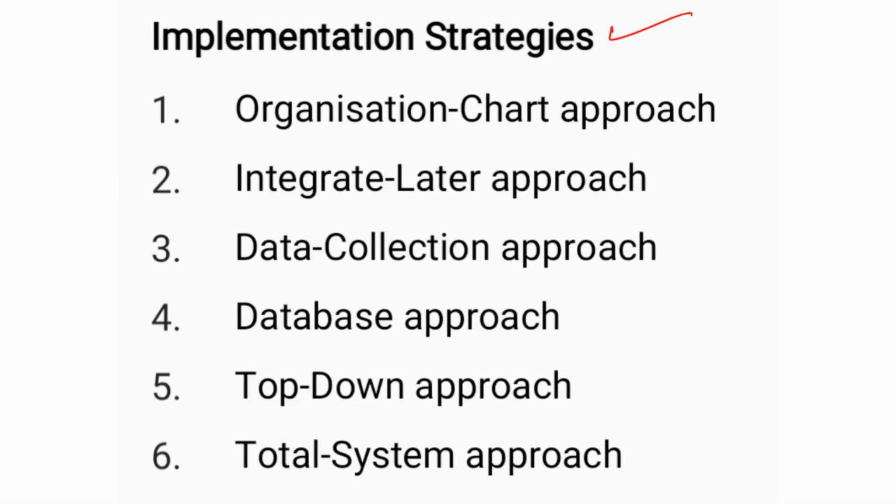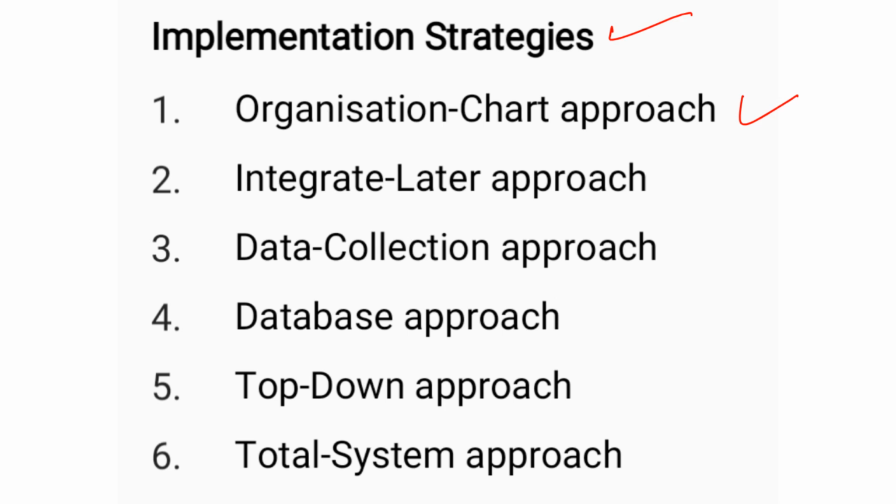Next, implementation strategies. The system design should be specific to an organization, respecting its time, structure and operations. 6 strategies for determining the system design have been suggested. They are: first one, the organizational chart approach.